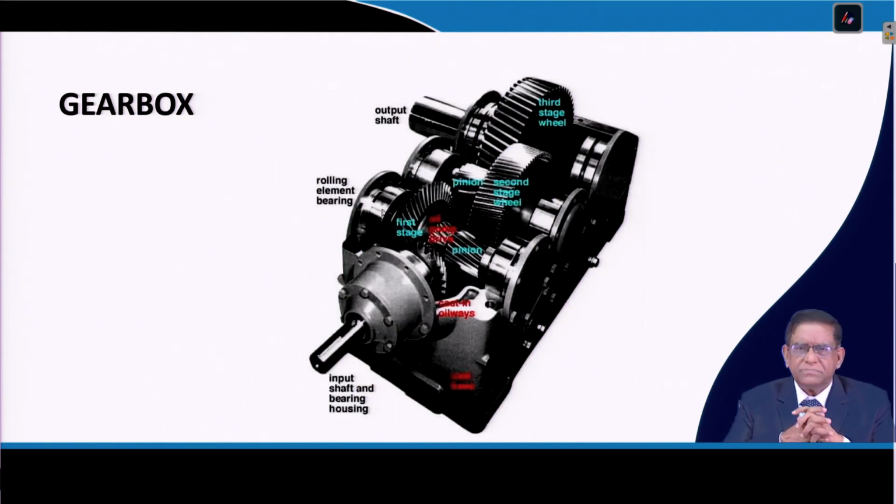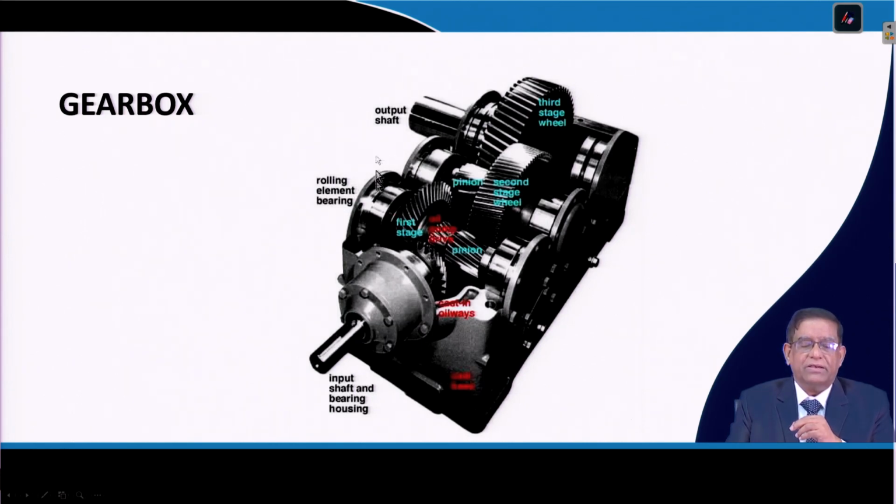And then when we talk about the gearbox, many of you, in your practical class, do the gear train practicals where you calculate and work it out. And here in a gearbox you can see a number of different arrangements.